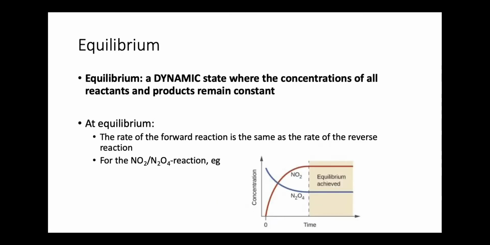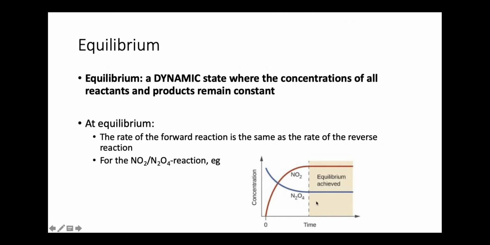So, what we said, an equilibrium is a dynamic state where the concentrations of my reactants and products are not changing anymore. So for this reaction, 2 NO2 becomes N2O4. When we start with NO2, it reacts to N2O4, but the reaction also goes back. So in the beginning we see a decrease of NO2 and an increase of N2O4, because the reverse reaction and the forward reaction are both still happening.